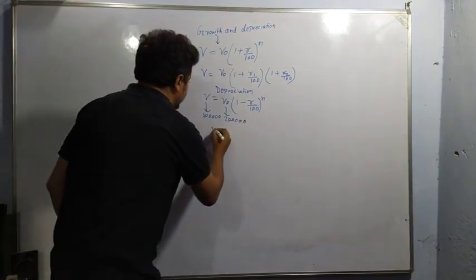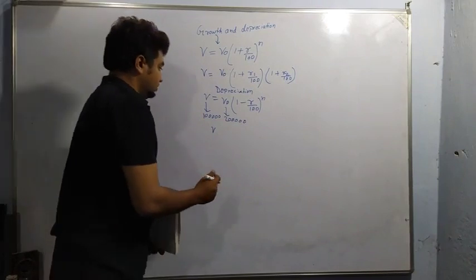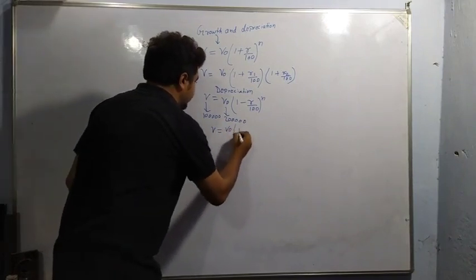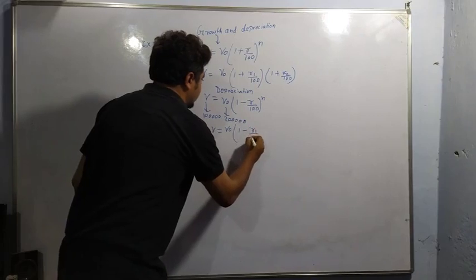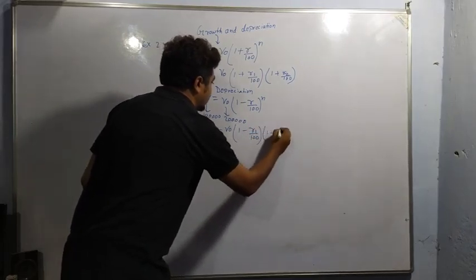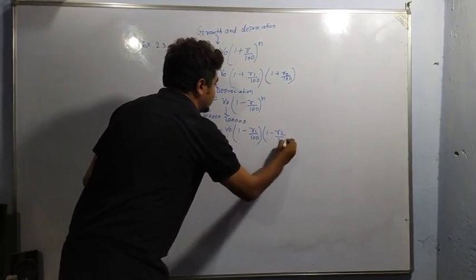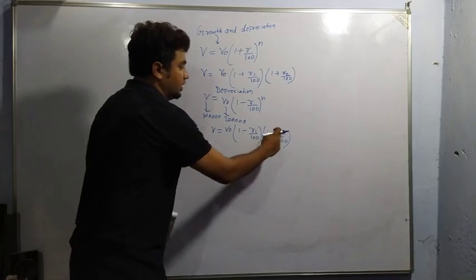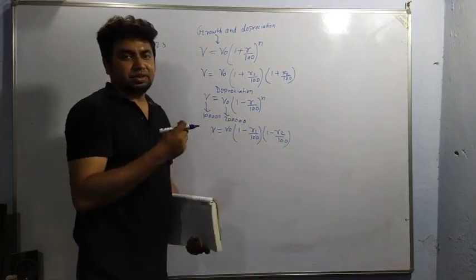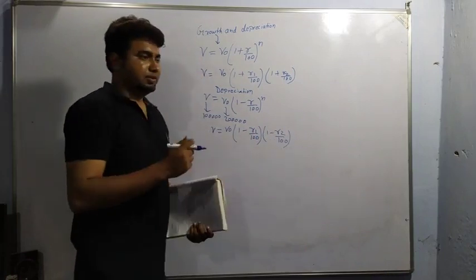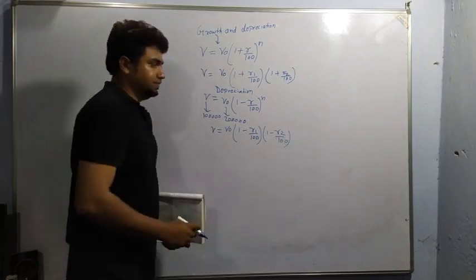One more case can be there: V is equal to V naught times 1 minus R1 by 100 times 1 minus R2 by 100, for 2 successive years. In the first year it decreases by R1, and in the second year it decreases by R2. That's why it is 1 minus R2 by 100. So this is the case of successive depreciation.